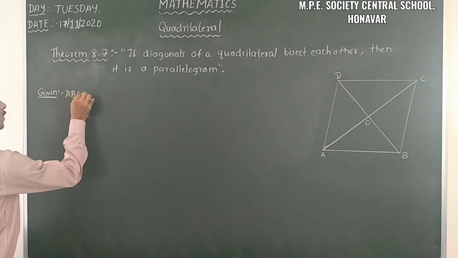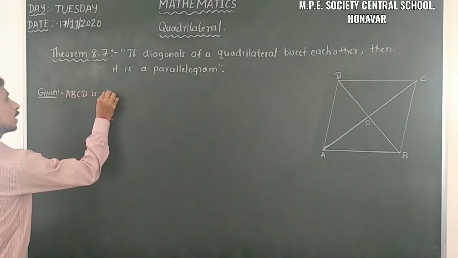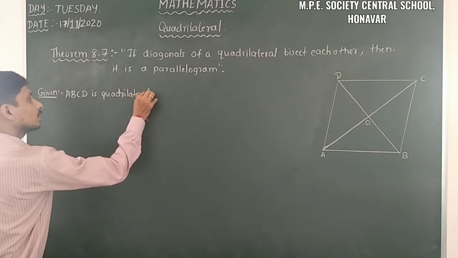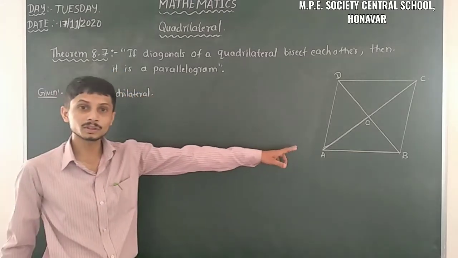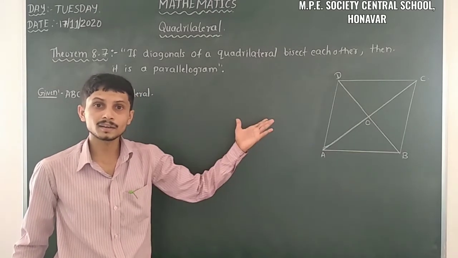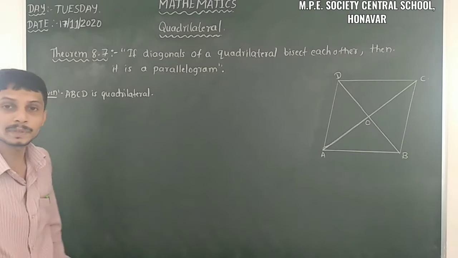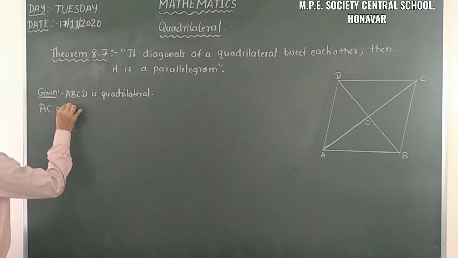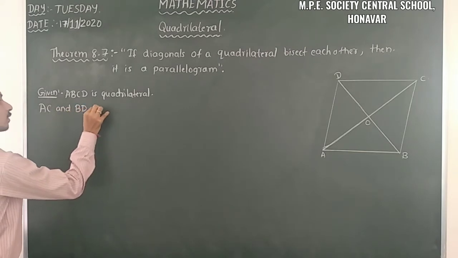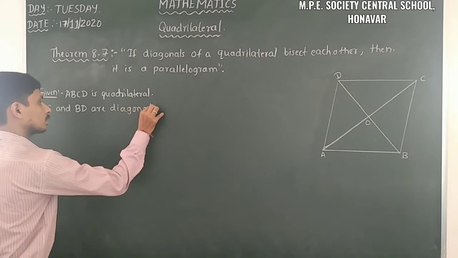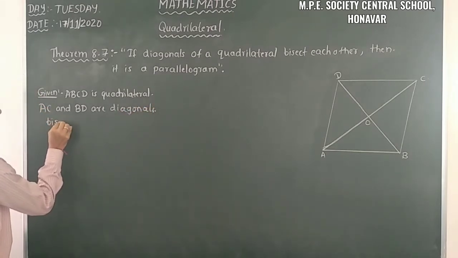Also AC and BD are diagonals that bisect each other.